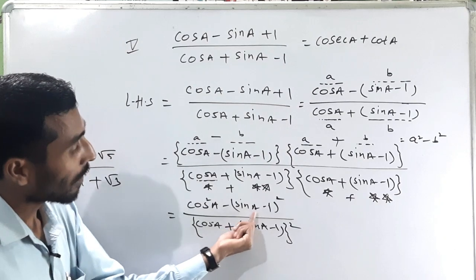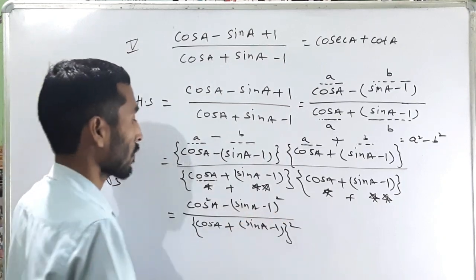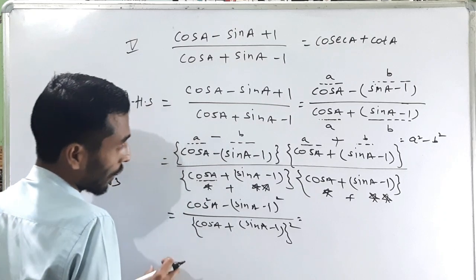Here is the square of A minus B, so we'll do the same thing. What will happen?